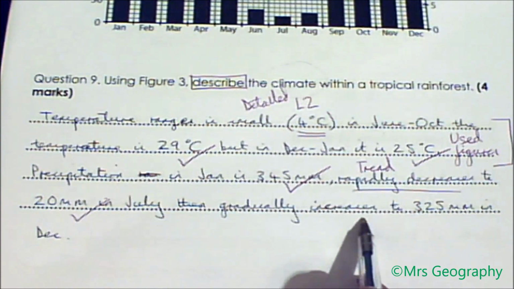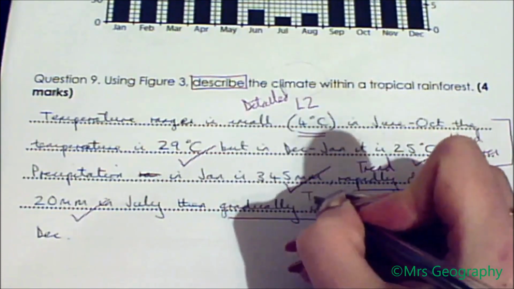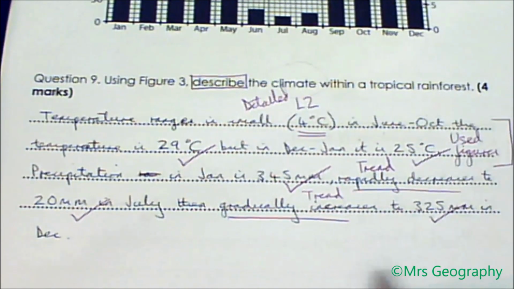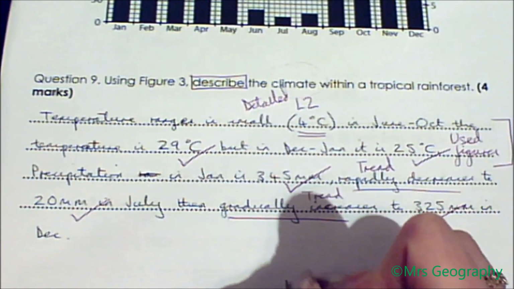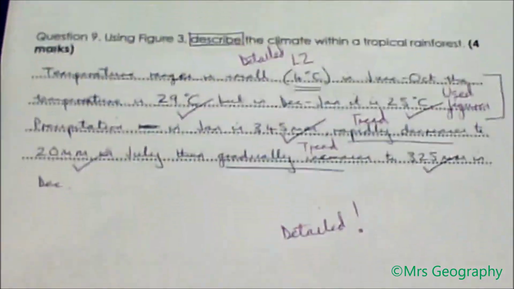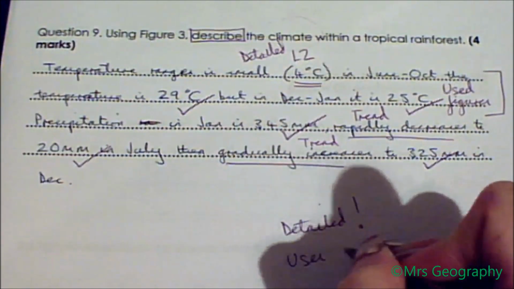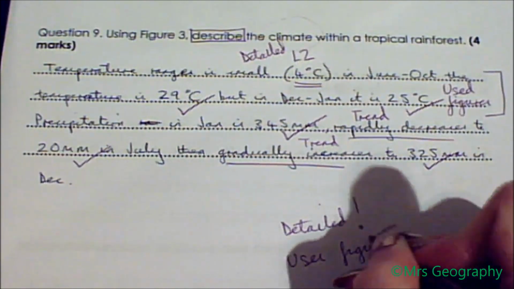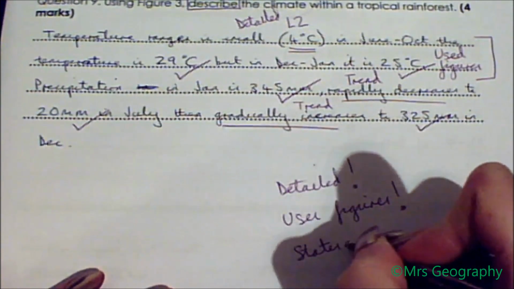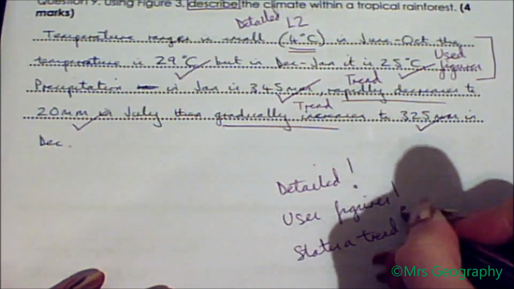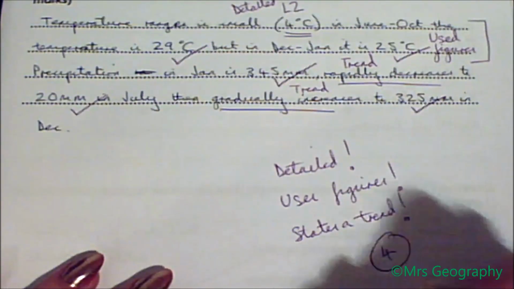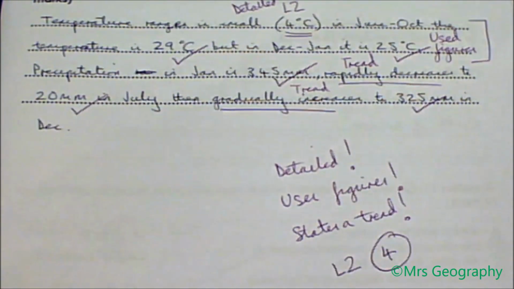Then gradually increases, trend, to 325 millimetres. This answer is detailed, uses figures, states a trend. Four marks. Level 2 answer.